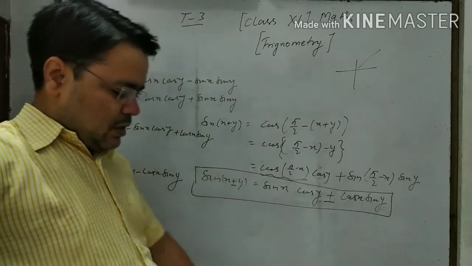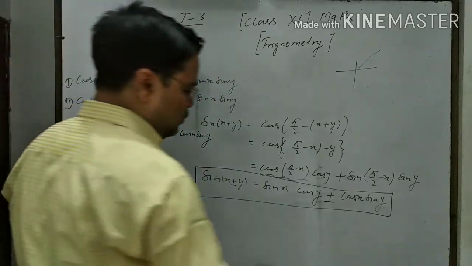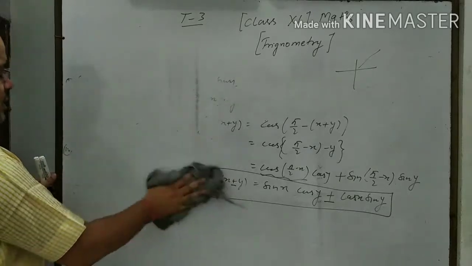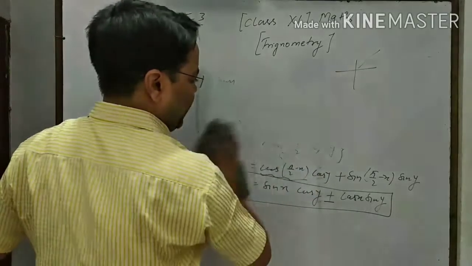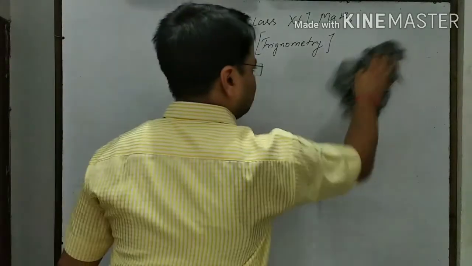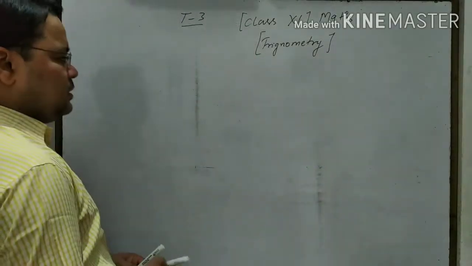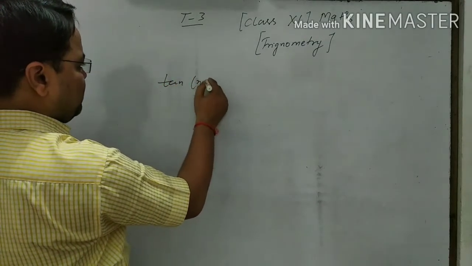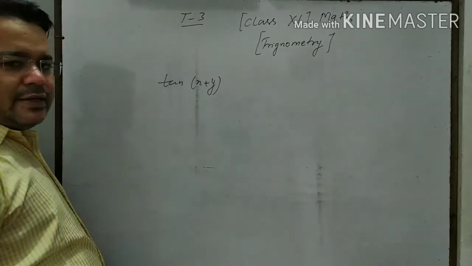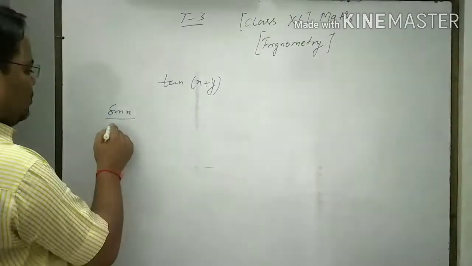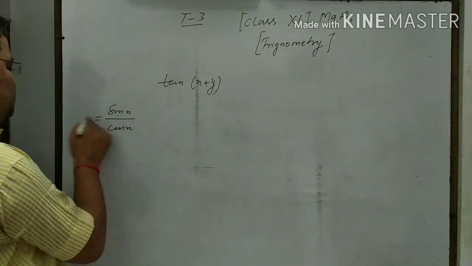Okay, we can also prove one more formula, that is tan x plus y, means compound angle of tan. Dear student, we know that sin x upon cos x is equal to tan x.